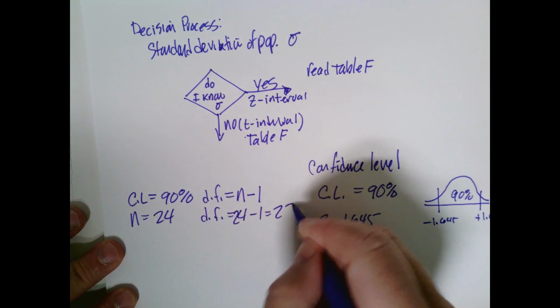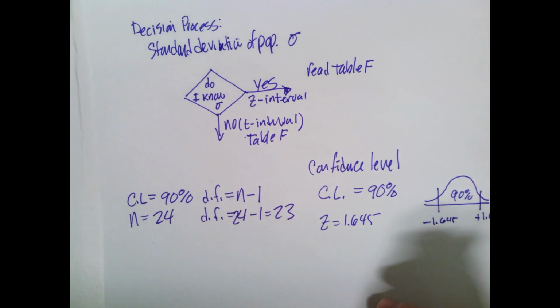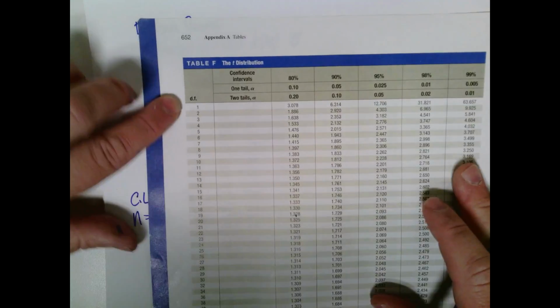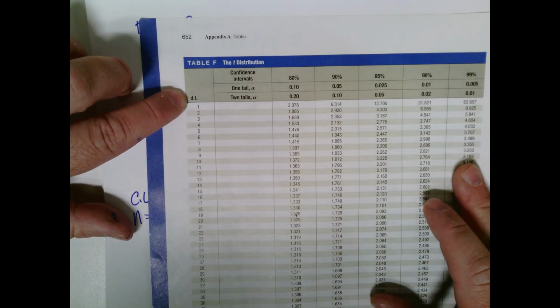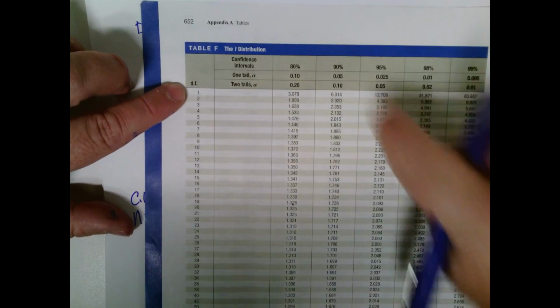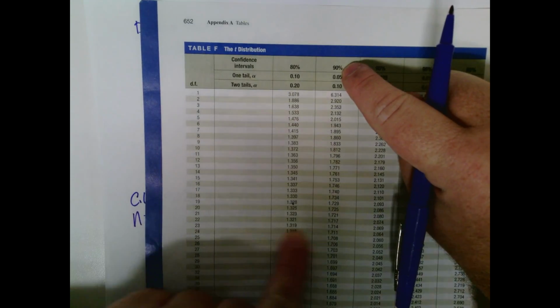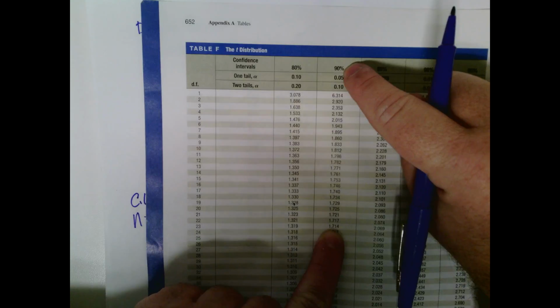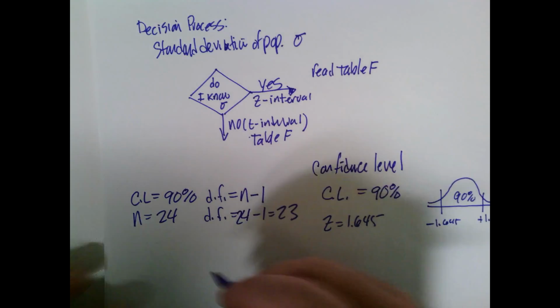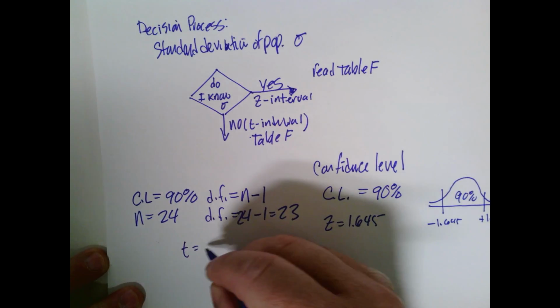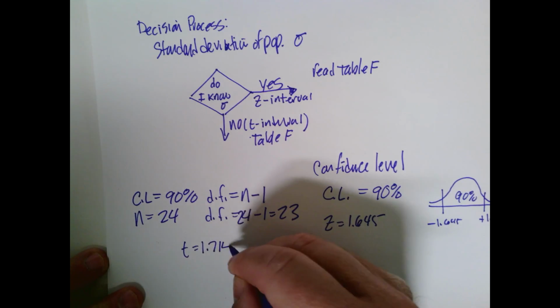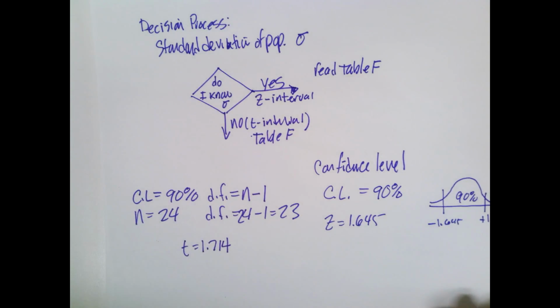Okay, so if you look at our table, up on the side it says DF, or degrees of freedom. So we go to 90, slide our finger down to 23, and go over, and we get 1.714. So that would be our t, 1.714, like that.